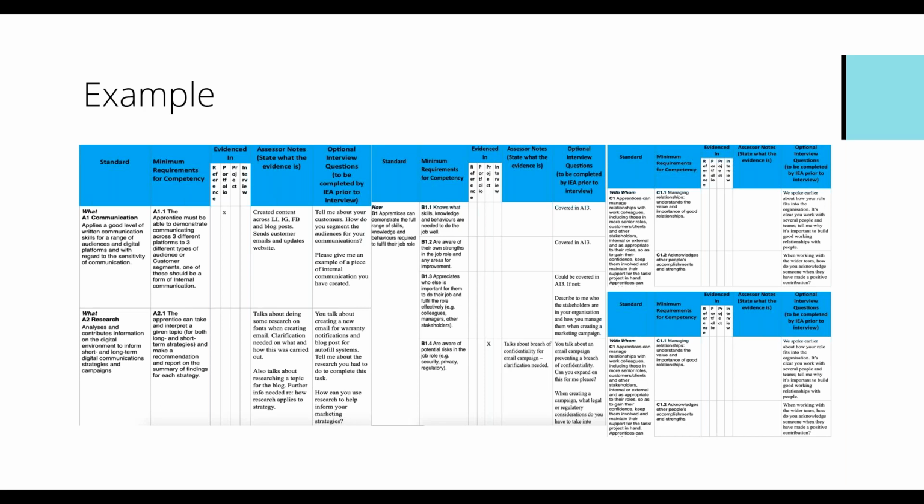The minimum requirement to confirm that the apprentice has the competency is the apprentice must be able to demonstrate communicating across 3 different platforms to 3 different types of audience or customer segments. One of these should be a form of internal communication. So that is giving you an indication of what the apprentice must be able to evidence.